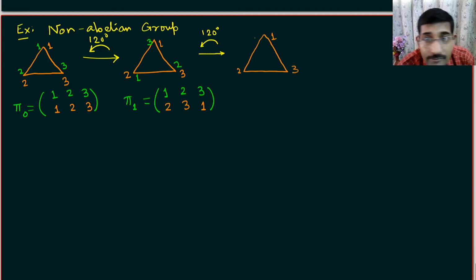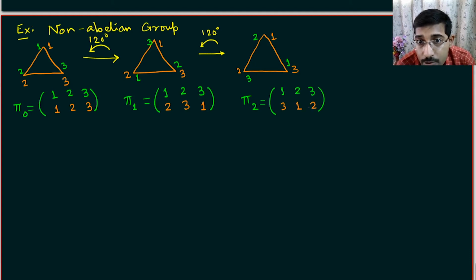You can easily figure out that this will be 2, this will be 3 and this will be 1. So my pi 2 is the points 1, 2, 3 and their respective positions: 1 is at position 3, 2 is at position 1, 3 is at position 2.